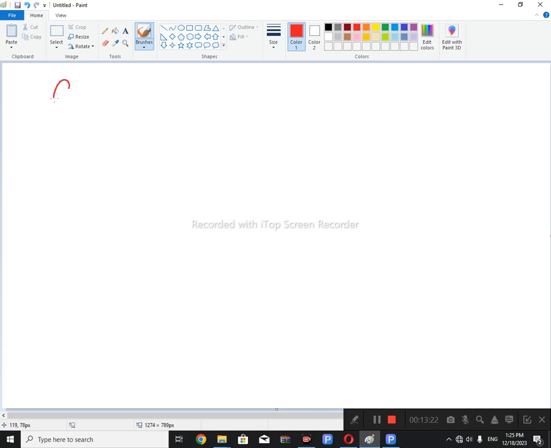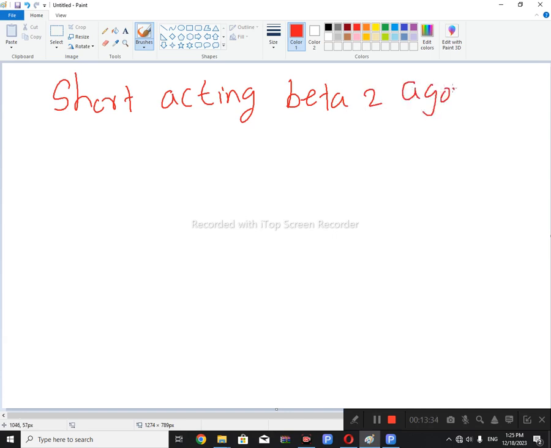Short-acting beta 2 agonists: salbutamol, terbutaline.